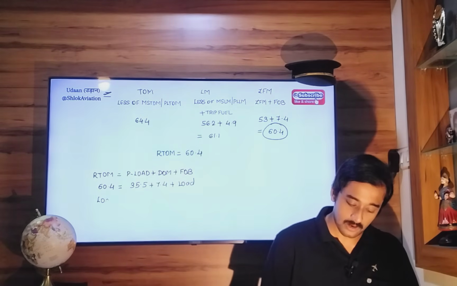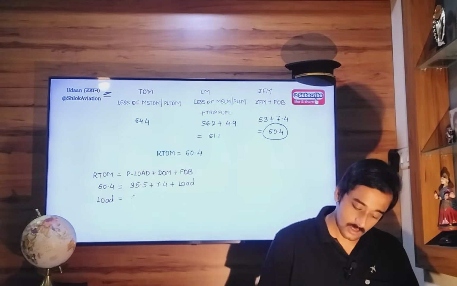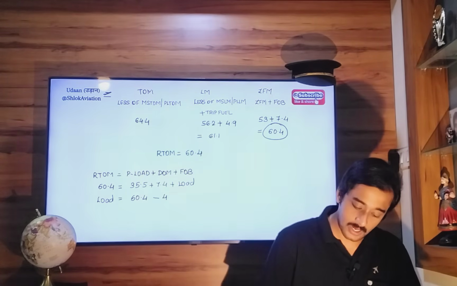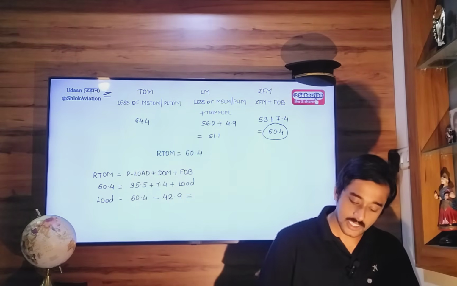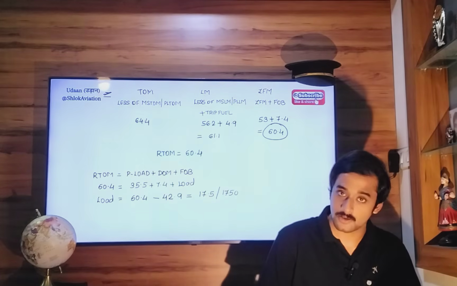So payload will be equal to 60.4 minus 35.5 plus 7.4, 42.9. So that is equal to 17.5 or 17,500 kg.